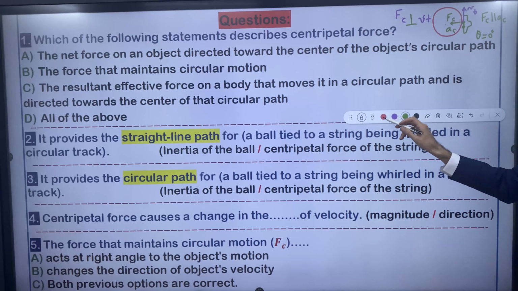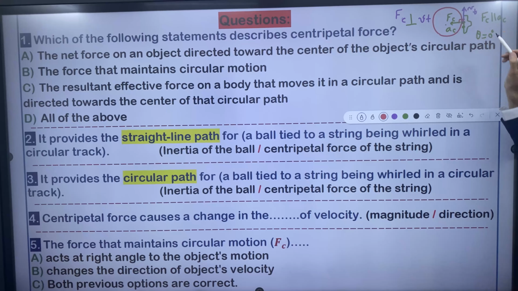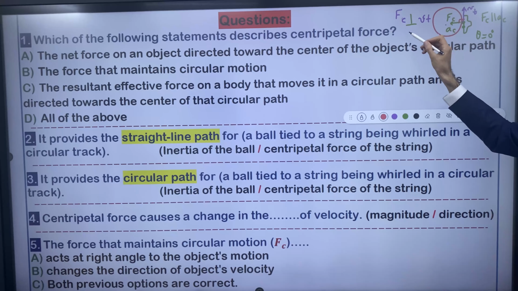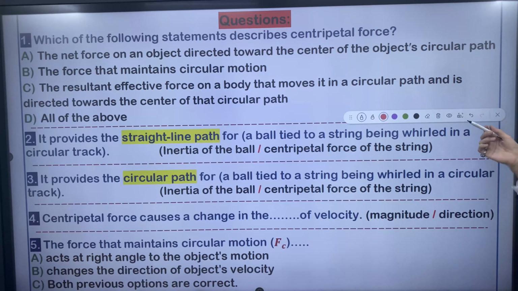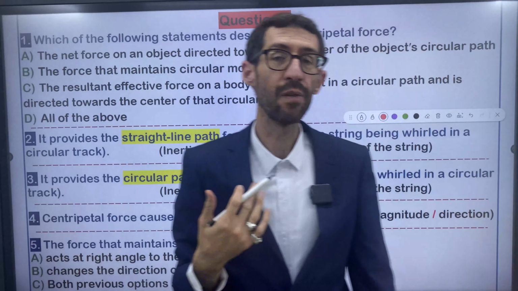It's clear from the figure. The angle between them is a right angle, which means theta is equal to 90 degrees between centripetal force and tangential velocity.